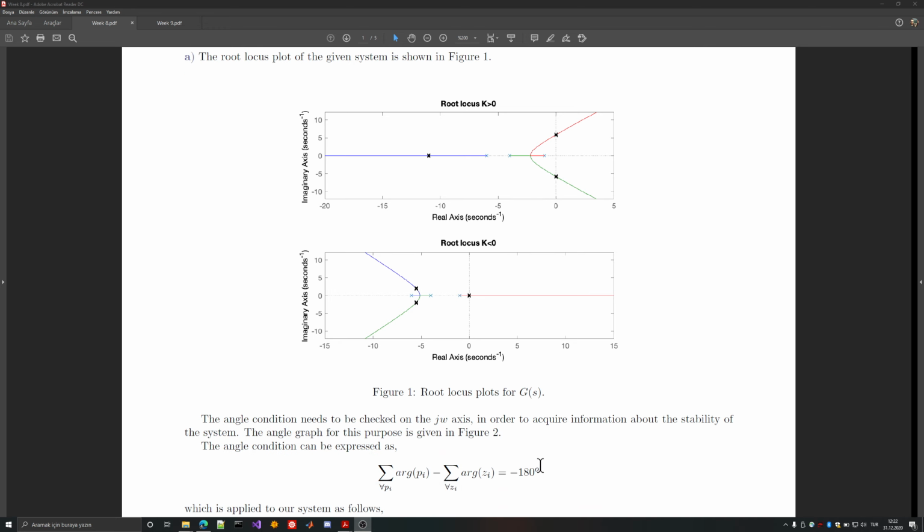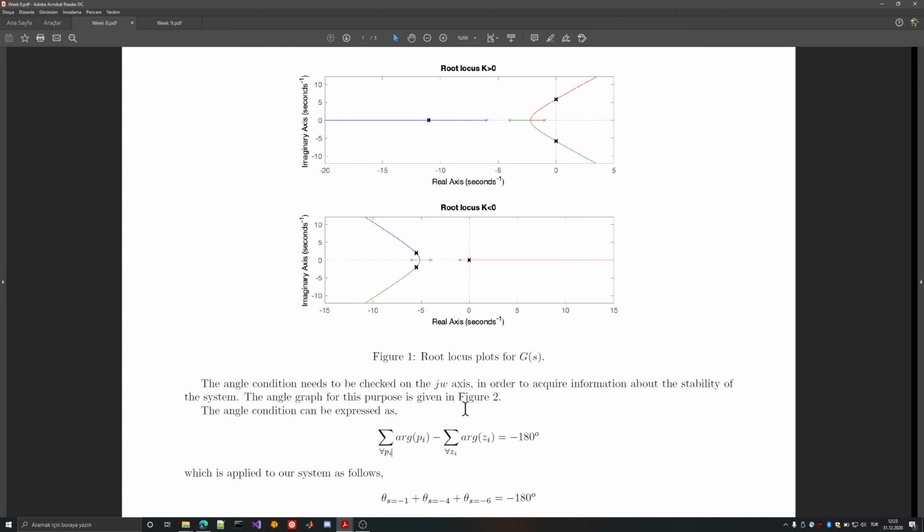Now, if I use the root locus properties here, I can see that the arguments of the poles, namely the angles of poles, will be summed, and the difference between the sum of the angles of the poles and the sum of the angles of the zeros. Because I don't have any zero, it will be much simpler.